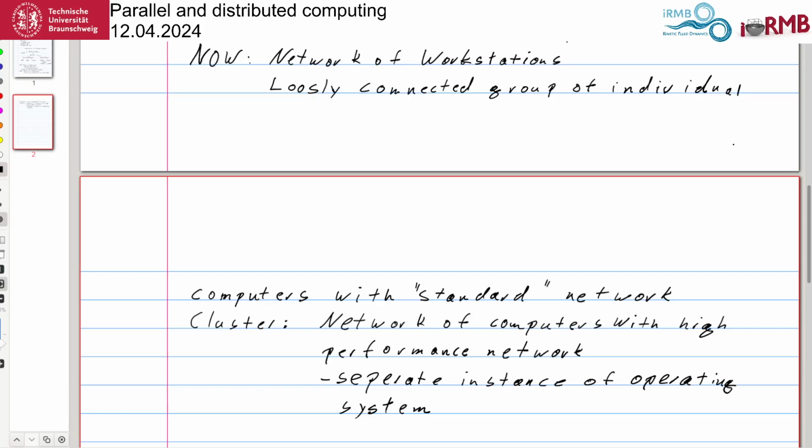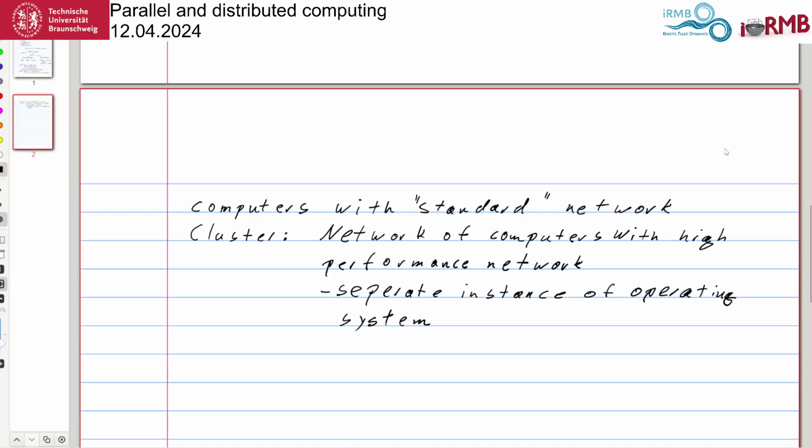So these are the distributed memory systems, and then the shared memory systems, which we already named: the CC-NUMA. CC-NUMA is the cache coherent non-uniform memory access.